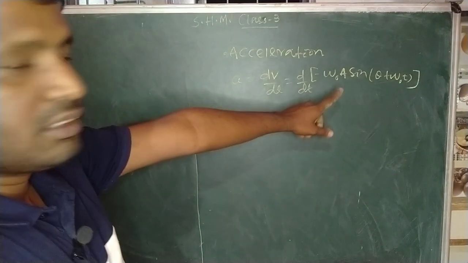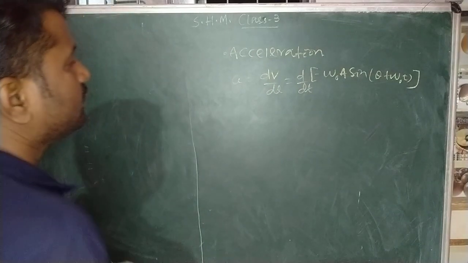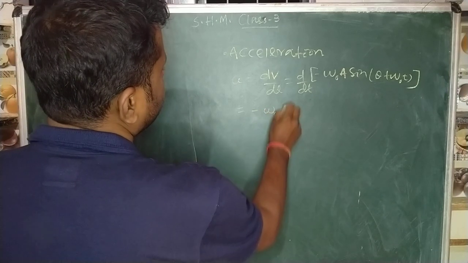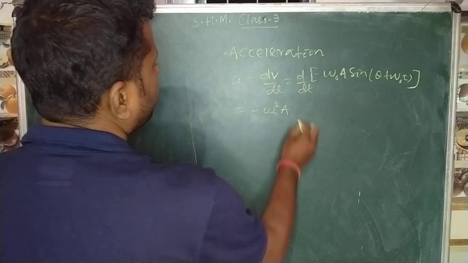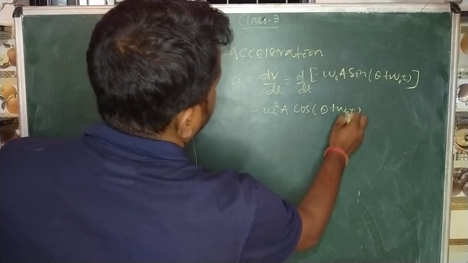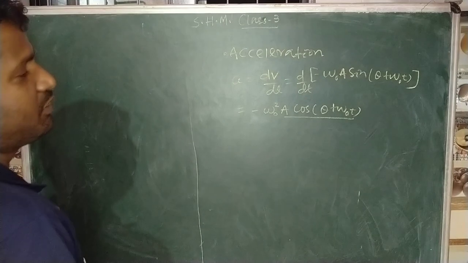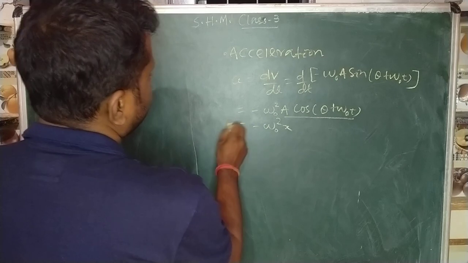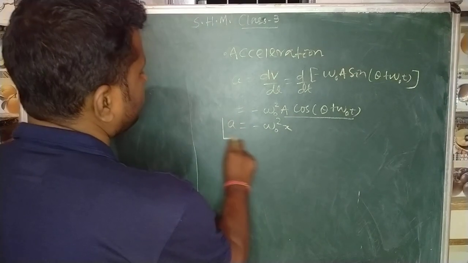Just some time ago we derived this velocity. The derivative will be minus omega naught A times the derivative, which gives another omega naught, so omega naught squared A cos(theta plus omega naught t), and this A cos(theta plus omega naught t) is our solution of the differential equation, x. So minus omega naught squared x. This is our acceleration.